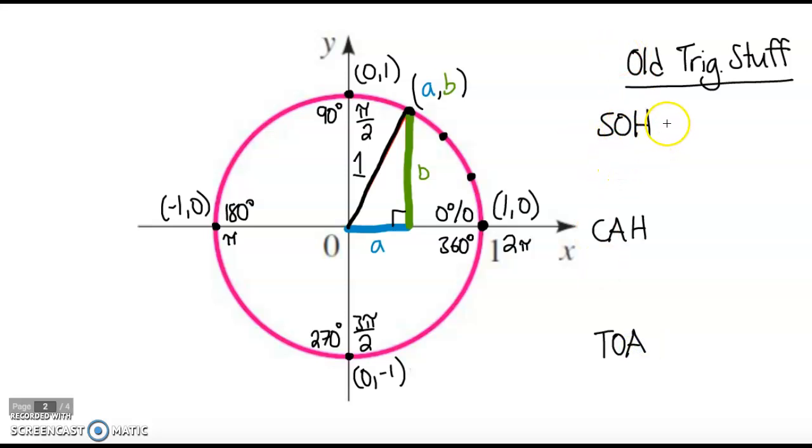And basically, it's just a mnemonic to remember that if you take the sine of some angle in a right triangle, then to find the sine of that angle, you would use your opposite length of the triangle over your hypotenuse length.